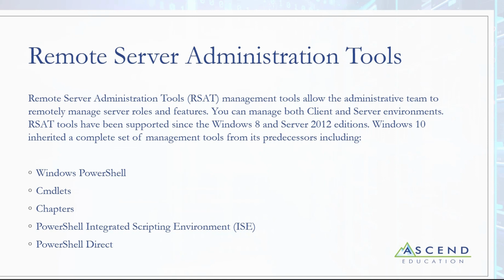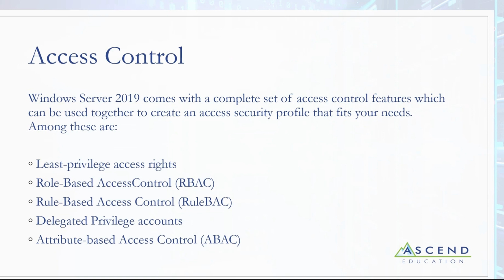There are some access control features that can be used to create a security profile, such as least privilege access. This is something that's really being emphasized in Windows security and all security in general, is not giving too many rights to too many people. So we call that least privilege. And you have role-based access control.